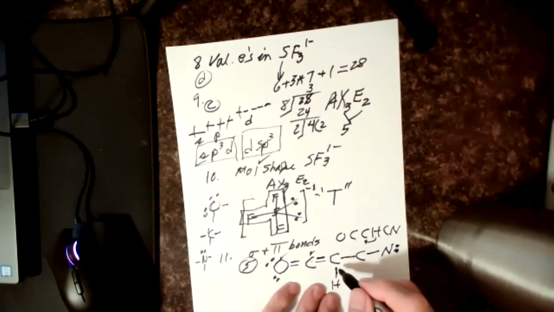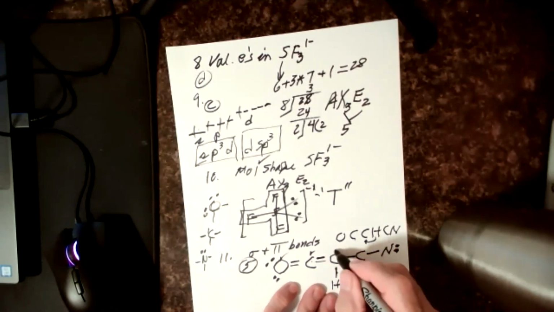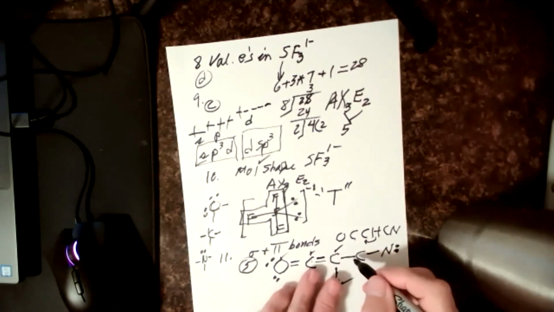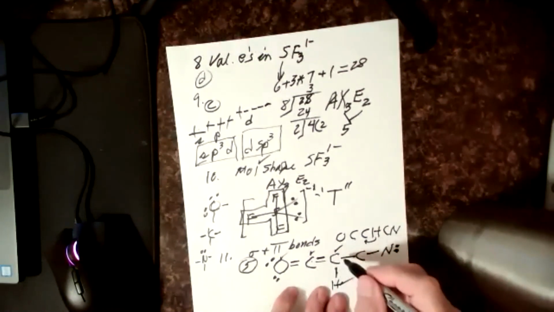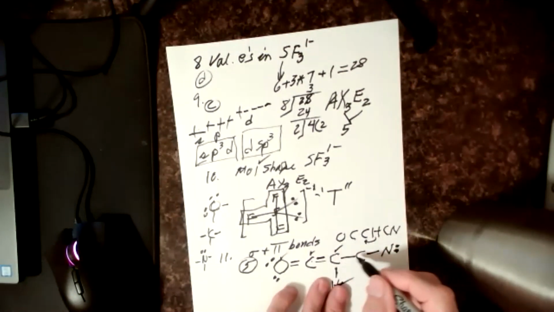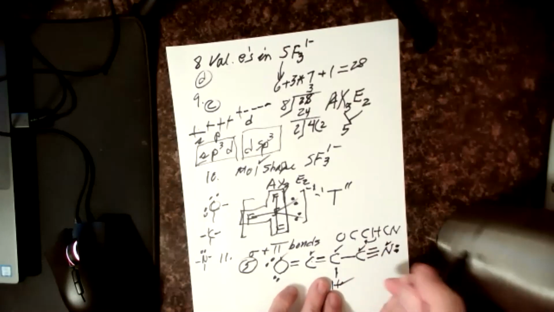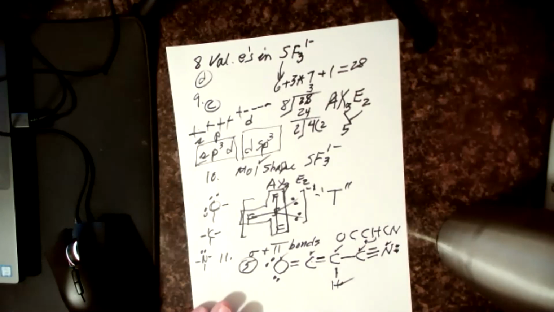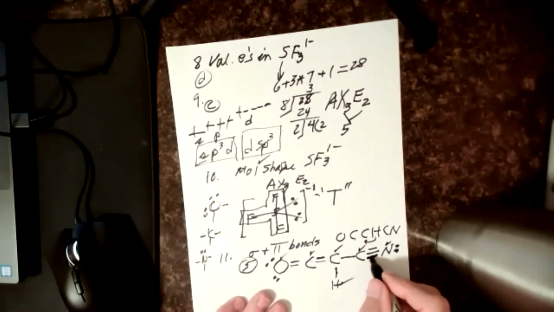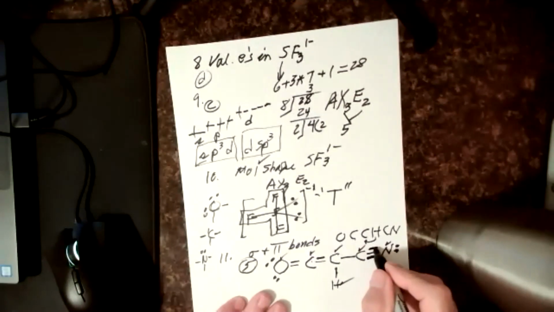And this carbon has 4 bonds. It works. The hydrogen has 1. It works. So this carbon is good. This one is not. Again, I can't put the bonds here. I have to put the extra bonds over here. Now that makes that carbon work. That makes that nitrogen work. Now, let's look at the bonds I put in. I put in that one and that one.